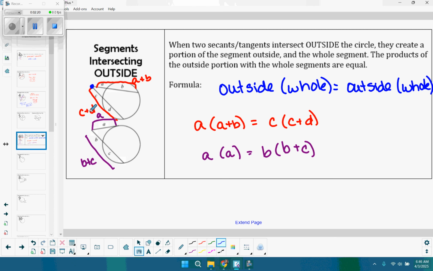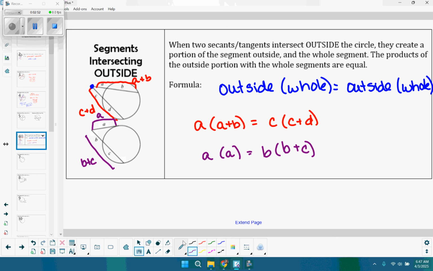So what we're going to do is take the product of the part that's outside and the whole thing. For the top picture, the part that's outside is A, and the whole thing is A plus B combined. So that would be A times A plus B. And on the other segment, the part that's outside is C, and the whole thing is C plus D. So A times A plus B equals C times C plus D. The outside part times the whole thing equals the outside part times the whole thing.